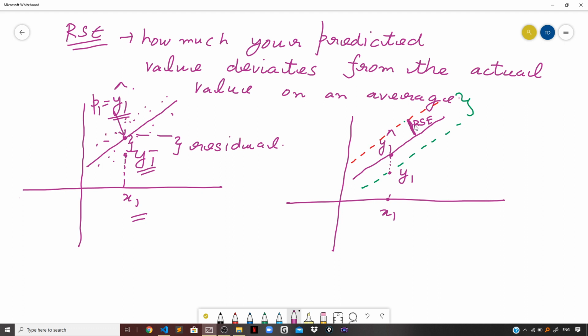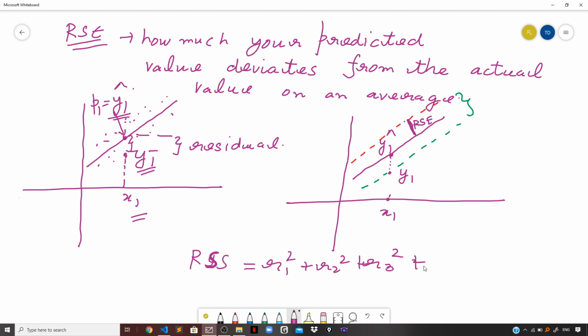To compute the value of RSE, we can write residual, first I will write residual sum of squares that we have discussed in the previous video. So RSS will be R1 square plus R2 square. We have seen this in the previous video.